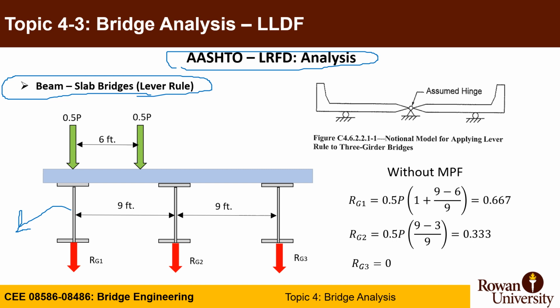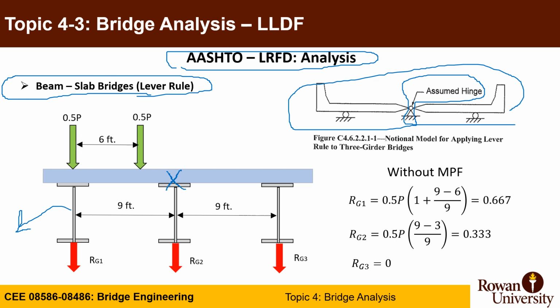So let's say you have interior girders. This is part of your bridge. Let's say this is a 3 girder bridge, with 9 feet spacing. What you need to do is create a hinge at every interior girder. You see here, this is your bridge, and you assume internal hinges in the interior girders that allow you to take the moment around the hinge from the left to get the reaction or the loads on the exterior girder.